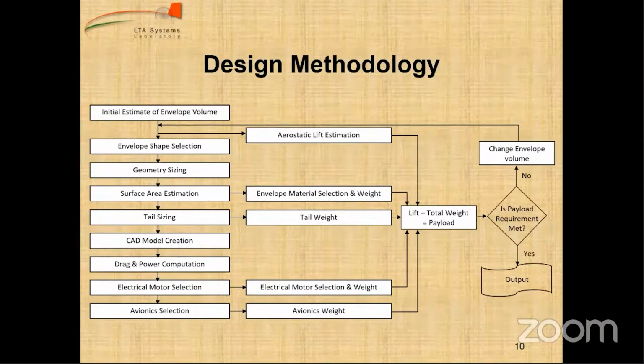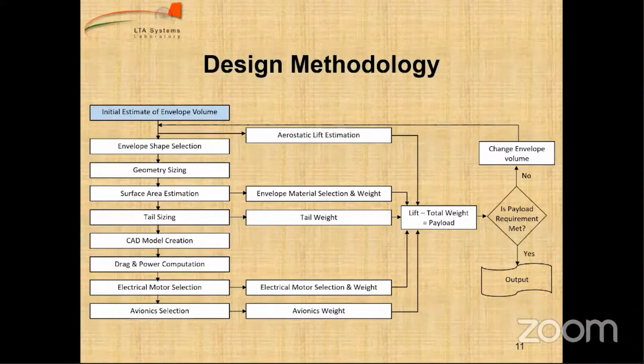It is a detailed one. In this, the main focus is, can you see my mouse? So the main focus is here. Lift minus total weight should be equal to payload. But to obtain this value, we start our design with the initial estimate of envelope volume.